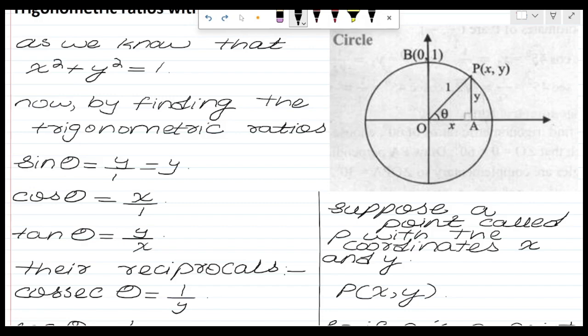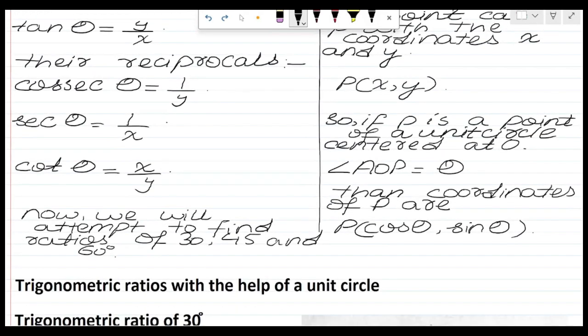So we can write P as (cos theta, sine theta), because the values of x and y are given as cos and sine theta. So if P is a point on a unit circle centered at O and angle AOP is equal to theta, then the coordinates of P will be (cos theta, sine theta). I hope you guys understood this example.